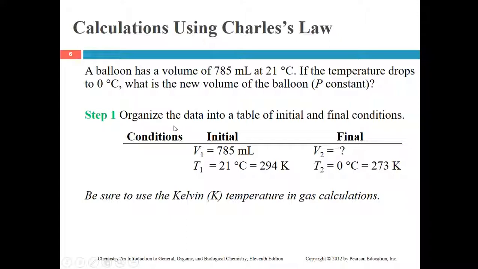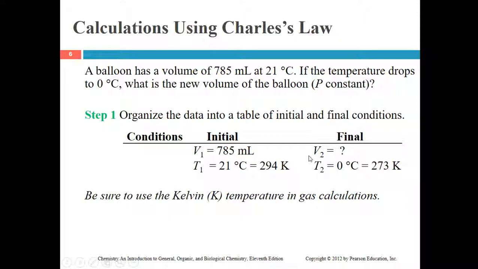So here's our data. We have our first volume, we have our first temperature, and we have converted it to Kelvin by saying that it is 21 plus 273 according to our Celsius to Kelvin formula. And our second temperature, which is 0 degrees Celsius, when we add 273 plus 0, we get 273 Kelvin.